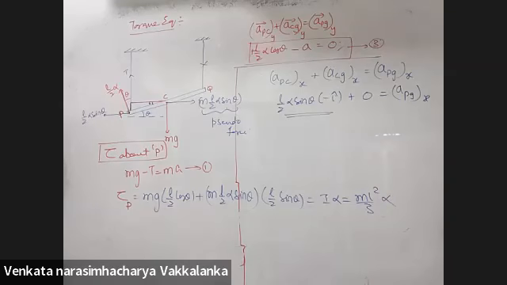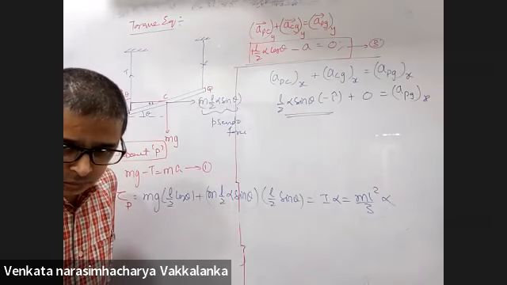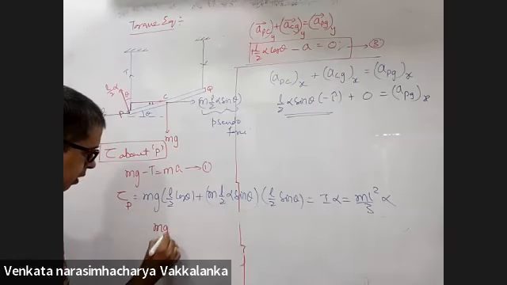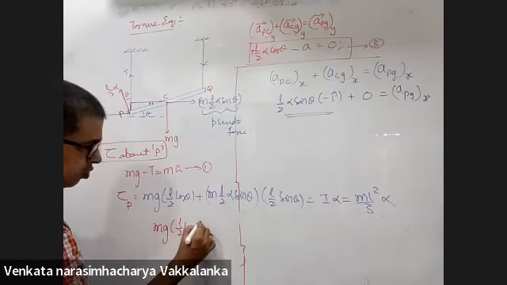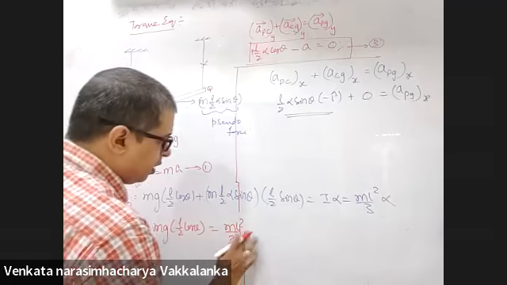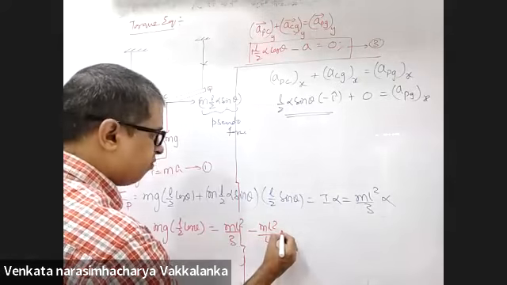Does it take so long? Yes, sir, done. Simplification done? Yes. mgL by 2 cos theta is equal to mL square by 3 minus mL square by 4.